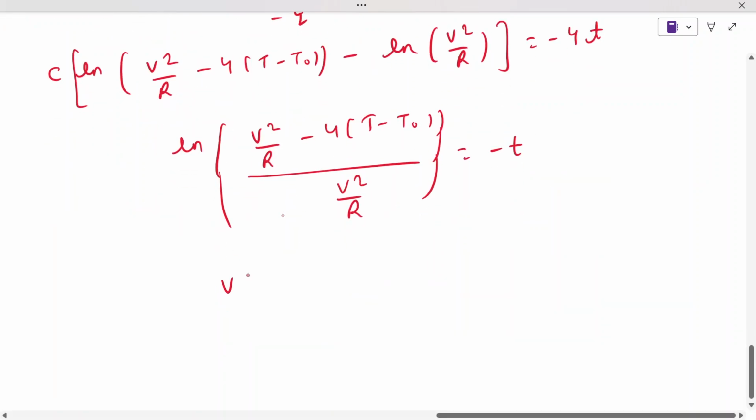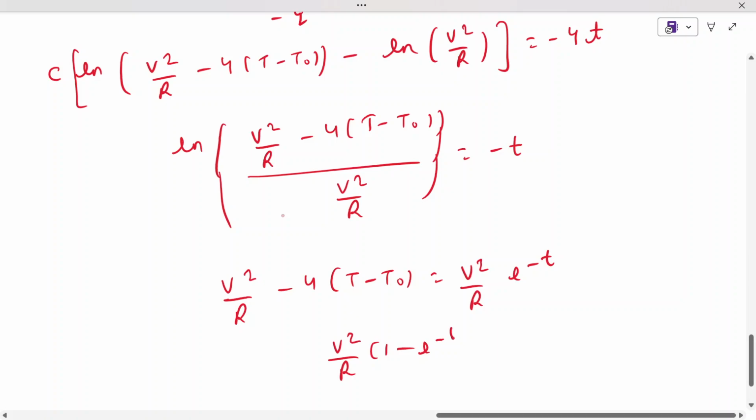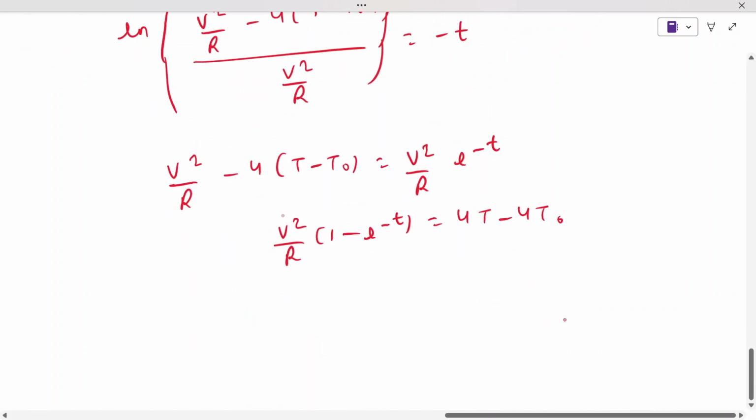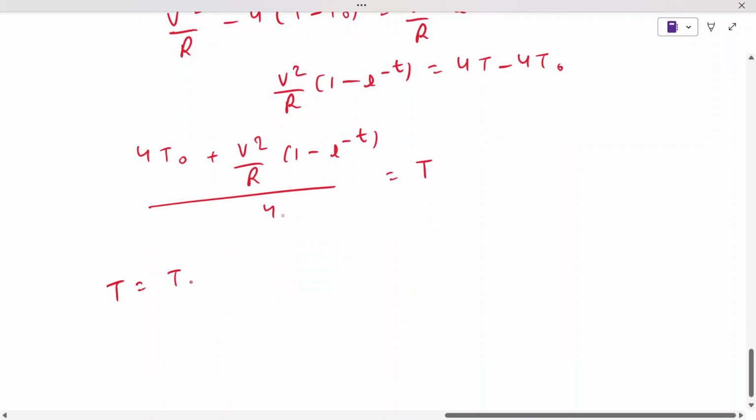Then V square by R minus 4(T minus T naught) equals V square by R into e to the power minus t. So V square by R into (1 minus e to the power minus t) equals 4T minus 4T naught. Therefore T equals T naught plus V square by 4R into (1 minus e to the power minus t).